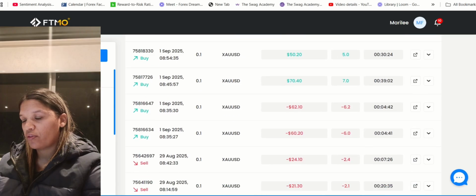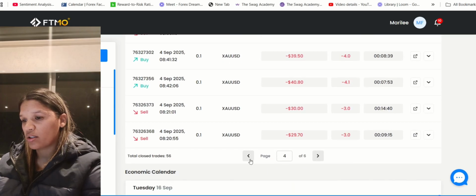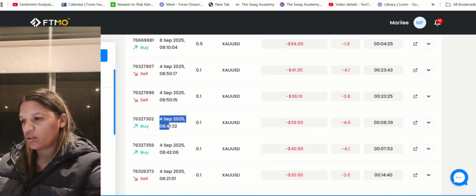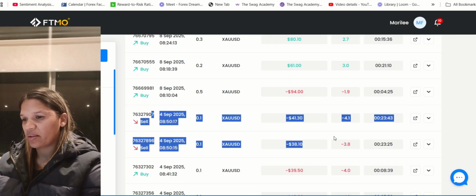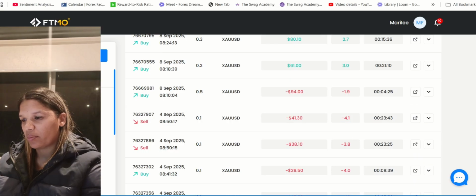And then on the 4th, I took 2 losses here. This was actually one trade idea, the sell here. And then you could see later on, I actually buy, and then I also got stopped out there. I went onto a tangent there. This was also not good this day.